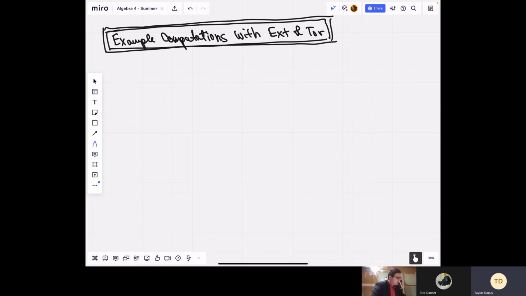Okay, so I guess the first lemma that I want to do is the following. Let M and N be R modules.